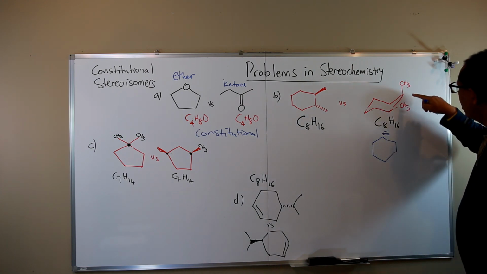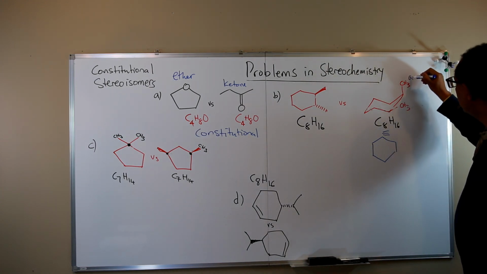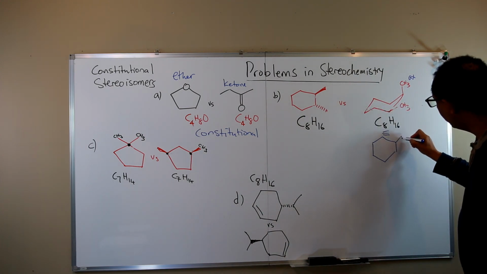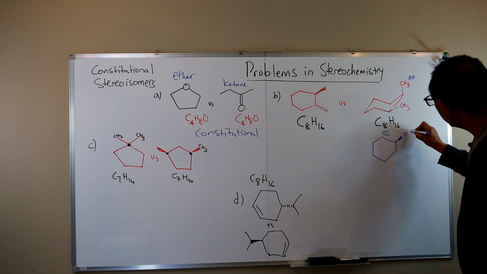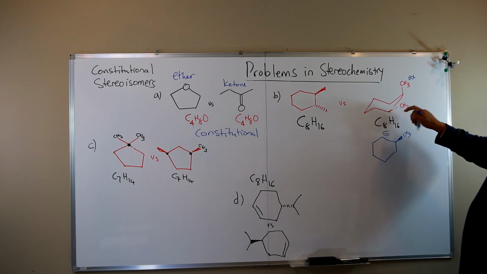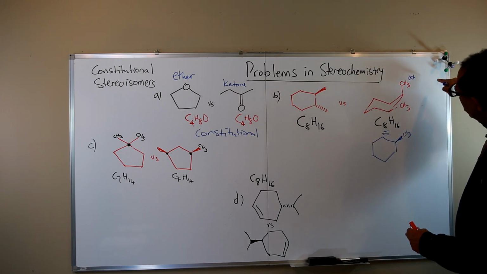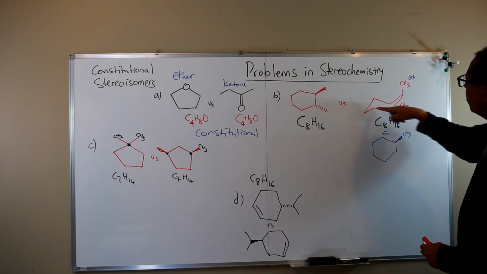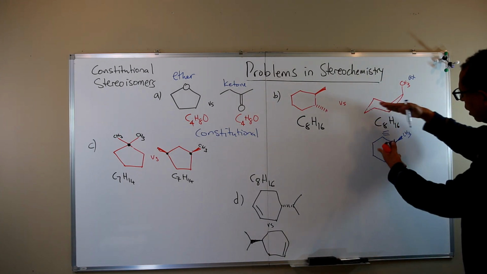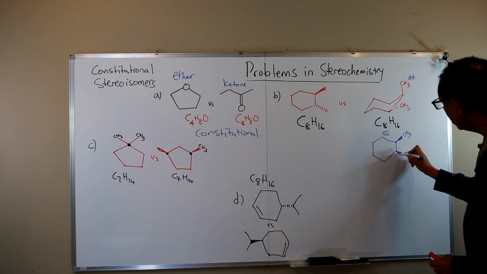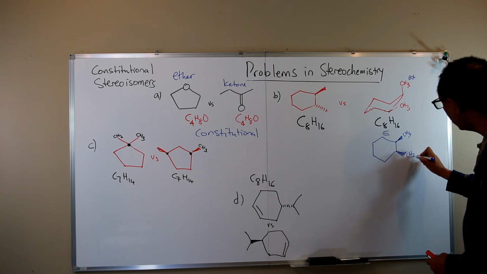So if you just look at this, this is axial, and that should be on top of the ring, CH3. This CH3 is also pointing that way. That means it is above the plane of the cyclohexane ring. Therefore, it also is CH3 on top.